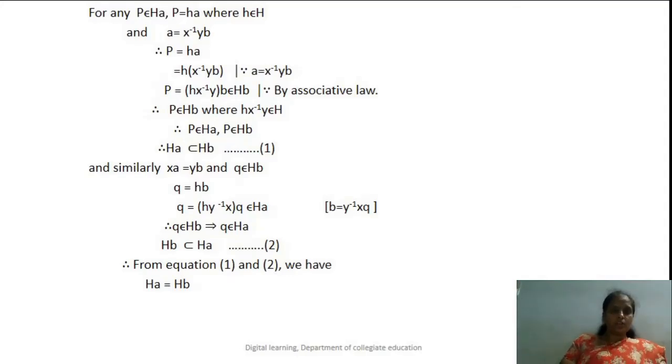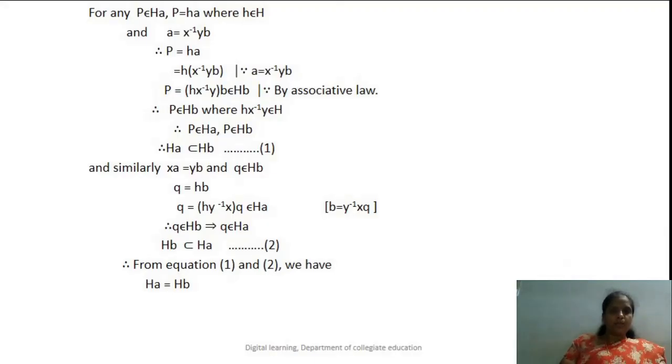The associative law is considered: here the bracket is for x inverse yb, and here the bracket is for h x inverse y. Therefore p belongs to Hb, where x inverse y belongs to H only.